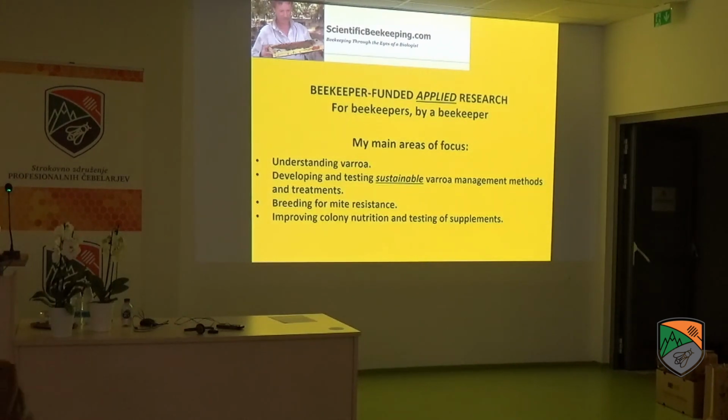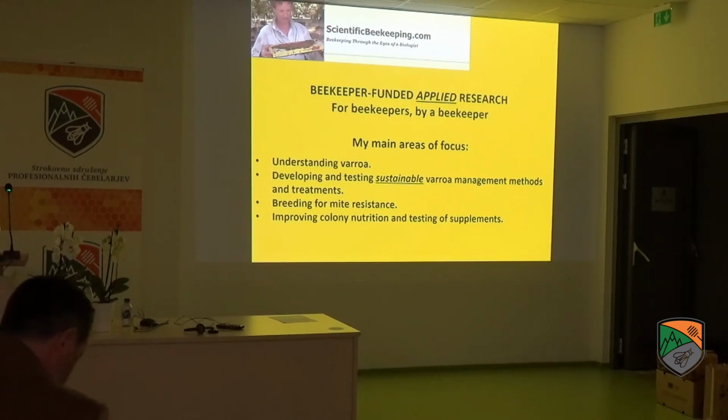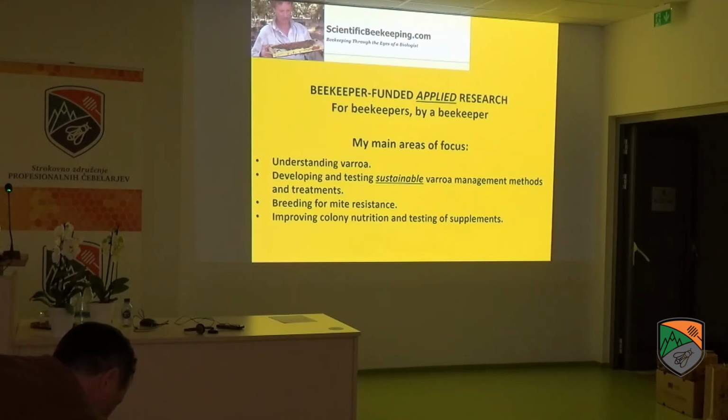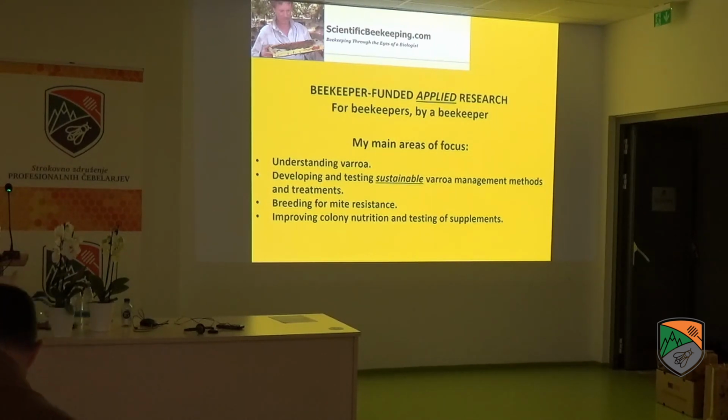Understanding varroa, sustainable management, like rotating these organic treatments, and eventually mite-resistant bees will be the most sustainable. The rest is a stopgap until then. And as the climate changes, and we've been in this 20-year drought, the worst drought in a couple thousand years in California, it's about learning how to use colony nutrition and supplementing.